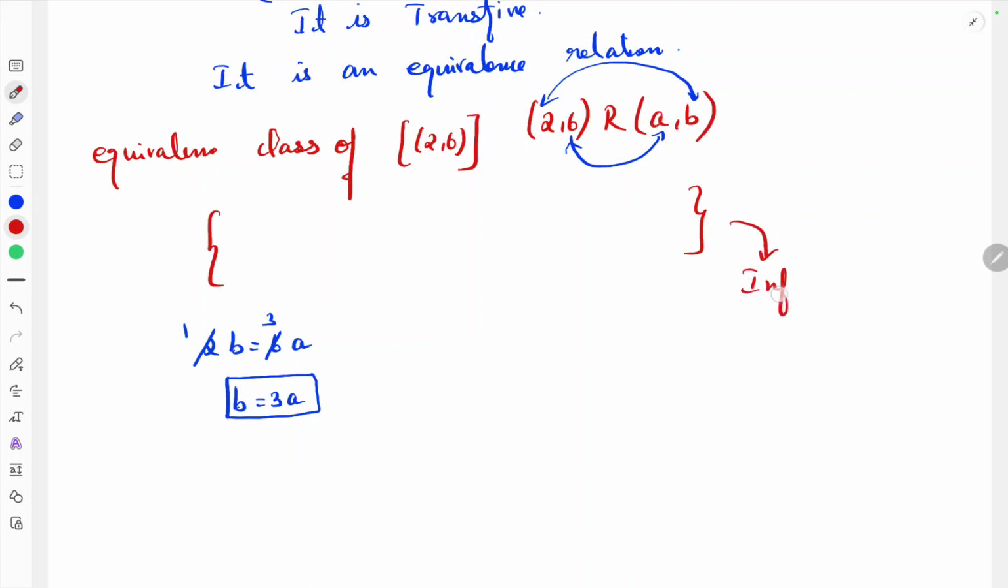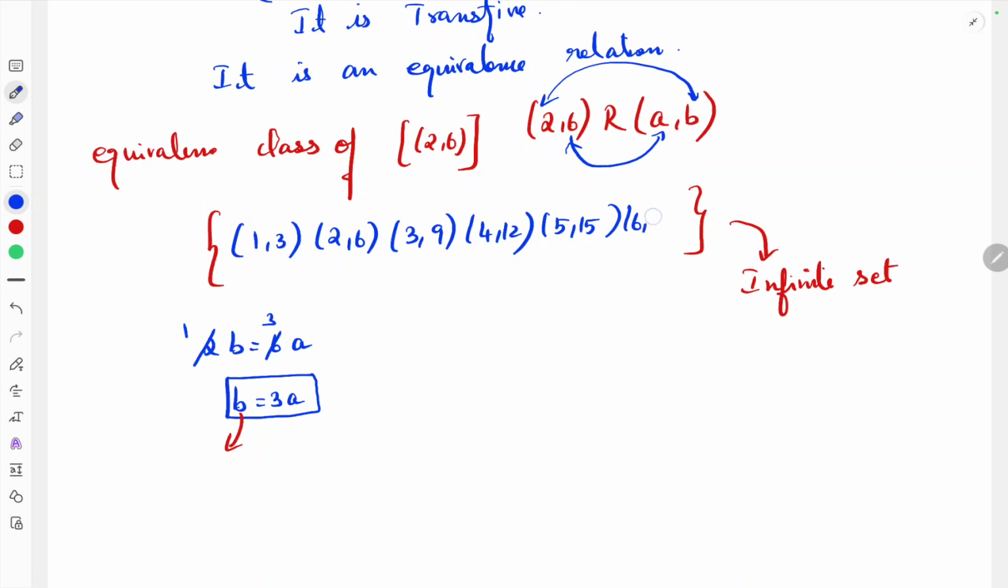In the previous question it was a finite set, and here it is an infinite set, because I can take A to be any natural number, and 3 times a natural number is also a natural number. So B can also be any multiple of 3. I can take A as 1, B will be 3, so (1, 3), (2, 6), (3, 9), (4, 12), (5, 15), then (6, 18).